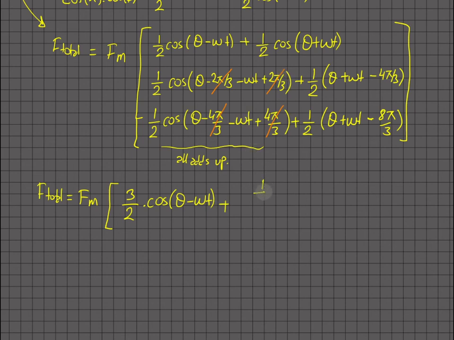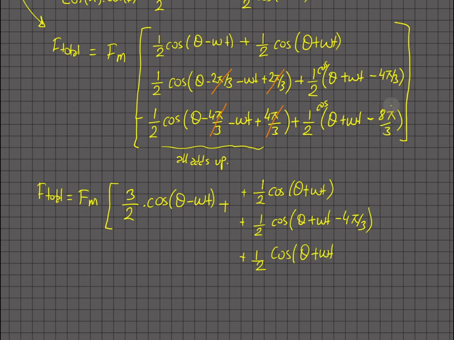Let's write those terms out in full. Plus 1/2 cosine theta plus omega t, plus 1/2 cosine theta plus omega t minus 4 pi over 3, plus 1/2 cosine theta plus omega t minus 8 pi over 3.